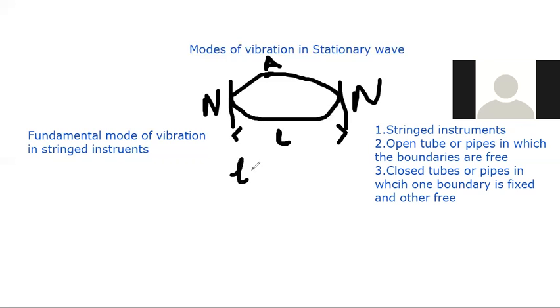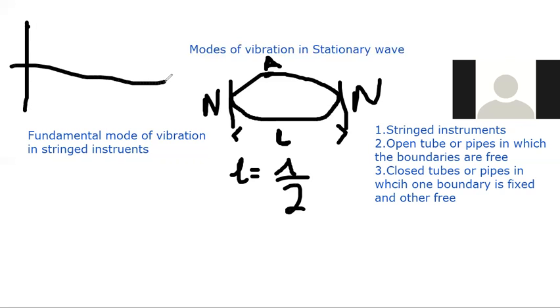This L is equal to the wavelength over 2. When we were doing a sinusoidal wave, from here to here is just half of a wavelength.